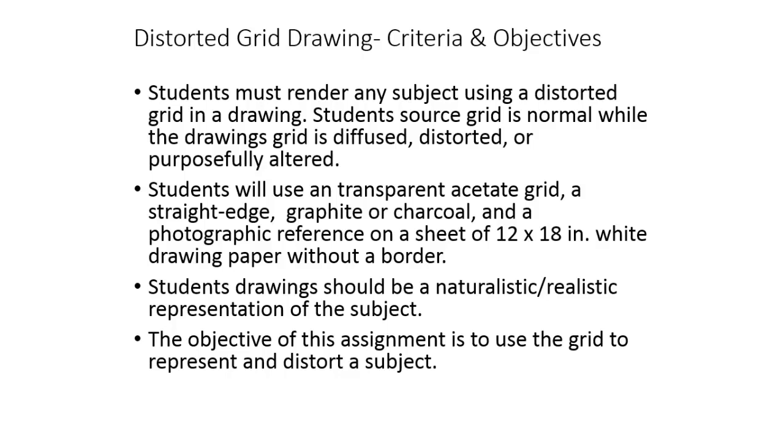So just to walk you through this first, the way it works is you will draw a normal grid on your reference. On your reference, you can draw just a plain old 1-inch grid. And then on your paper, what you're going to do is draw the grid in a sort of distorted fashion.